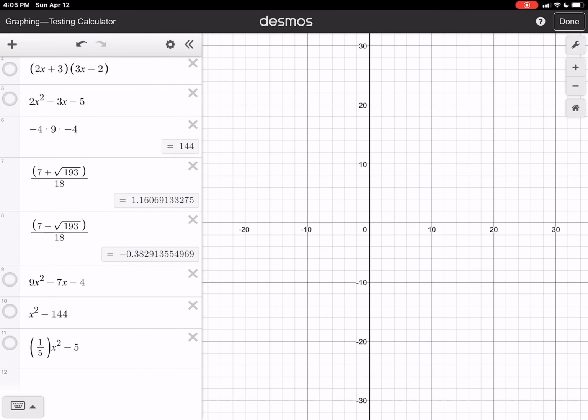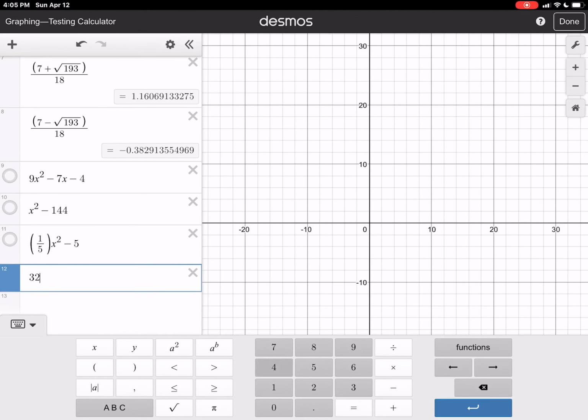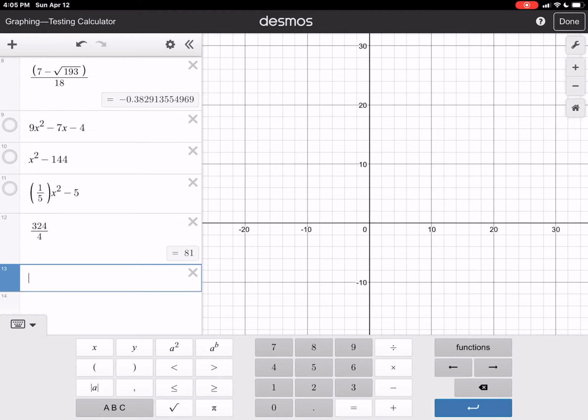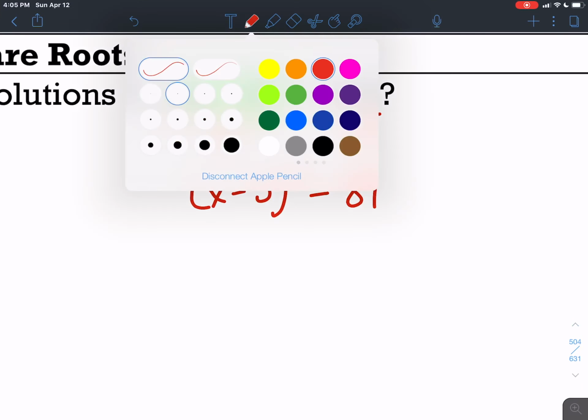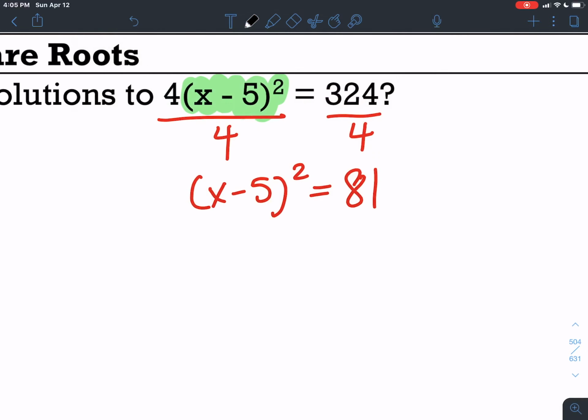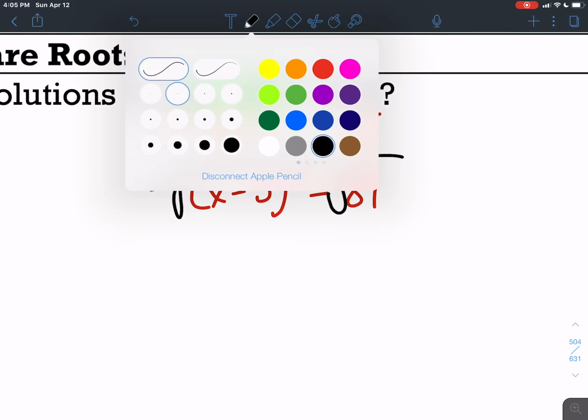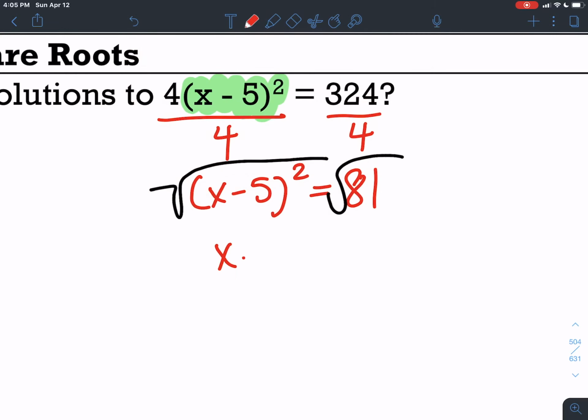Let's find out what 324 over 4 is. It's 81. All right. Now, because everything is inside of the square, I can go ahead and take the square root of both sides. I end up with x minus 5 equals 9 times 9 is 81.